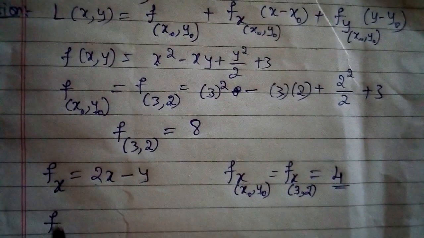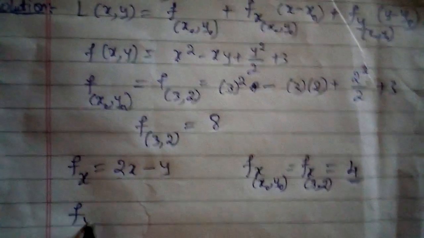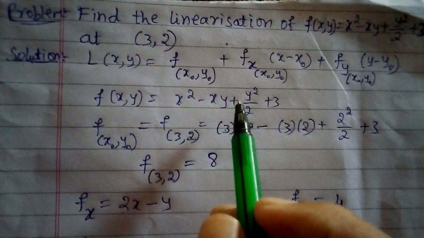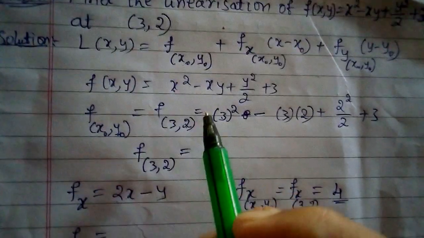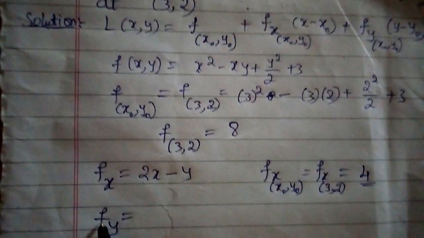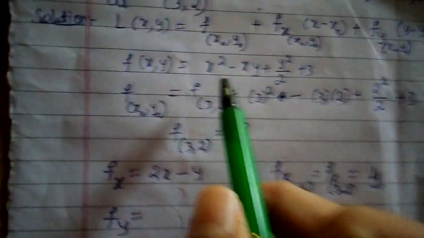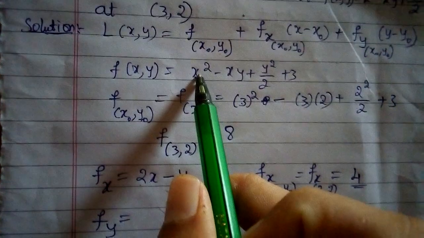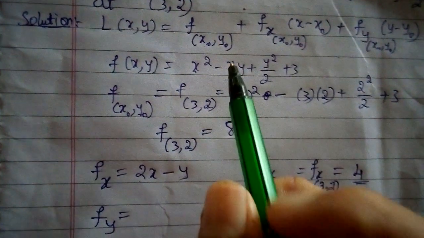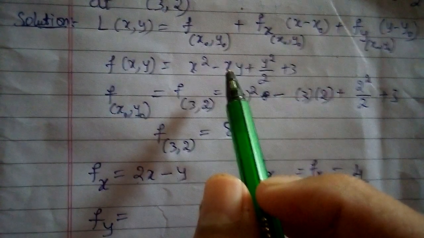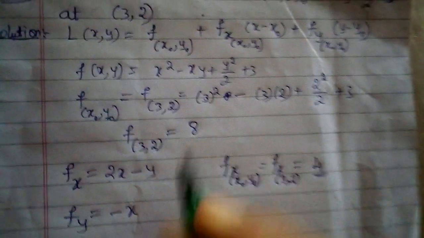Now we find the partial differentiation of function f with respect to y. In this function we differentiate partially with respect to y. Partial differentiation of x² with respect to y becomes 0. Partial differentiation of −xy with respect to y is −x.